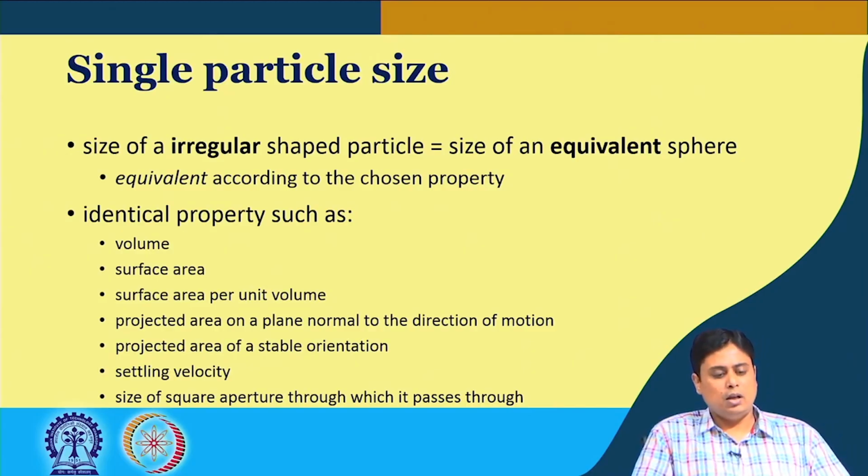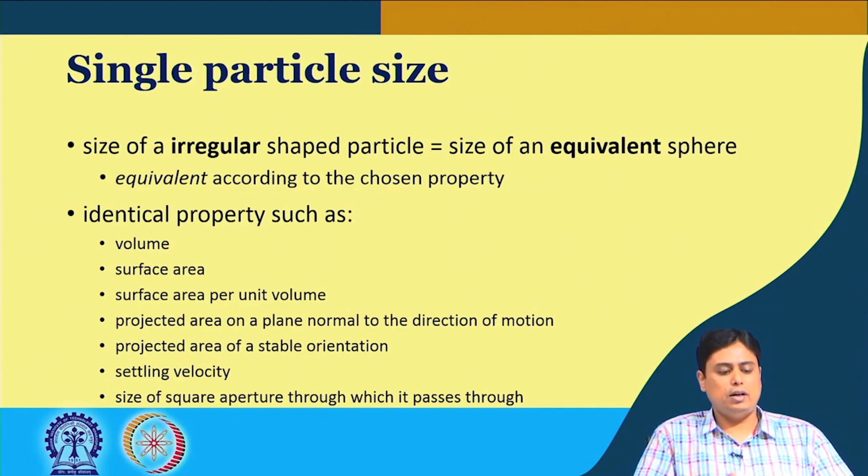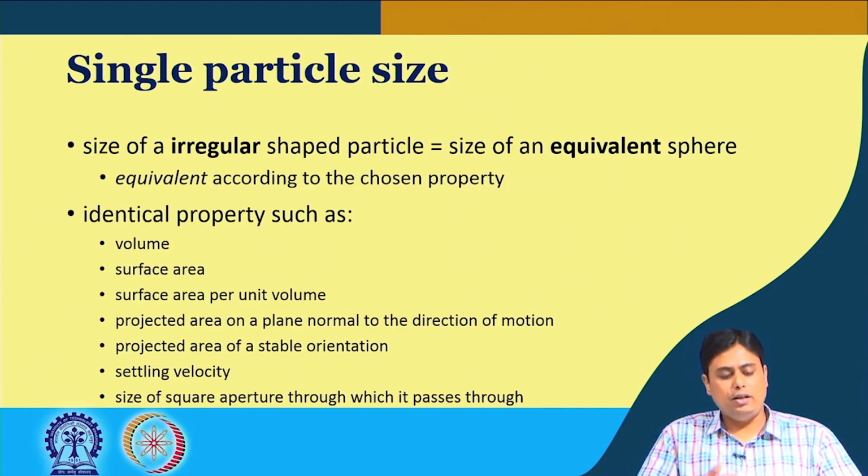If you take an irregular shaped particle and equate it with all these different properties, you get different numbers. So a simple irregular shaped particle can be represented by various numbers depending on the property that you choose to make it equivalent with a sphere.